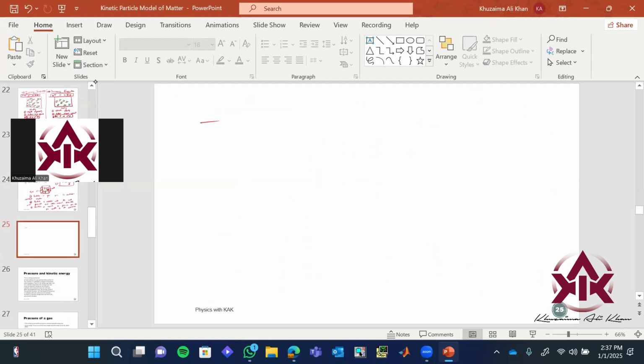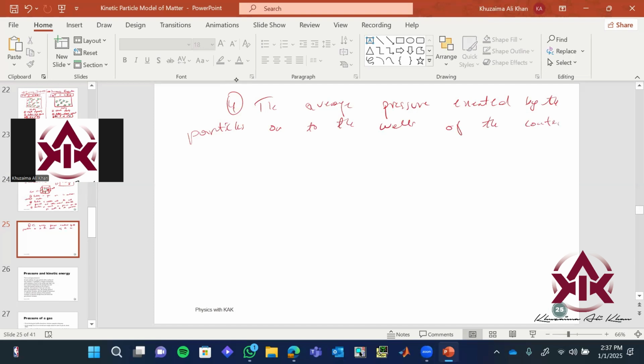So I can say the fourth point to be: the average pressure exerted by the particles onto the walls of the container is called the pressure of the gas, right? Pressure of gas.